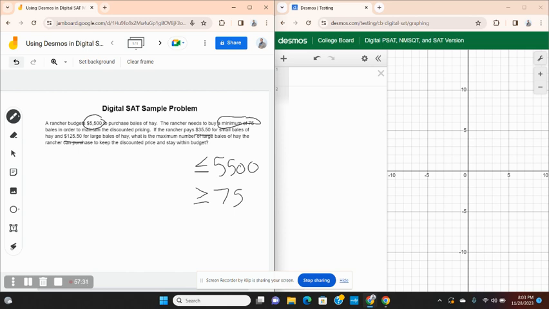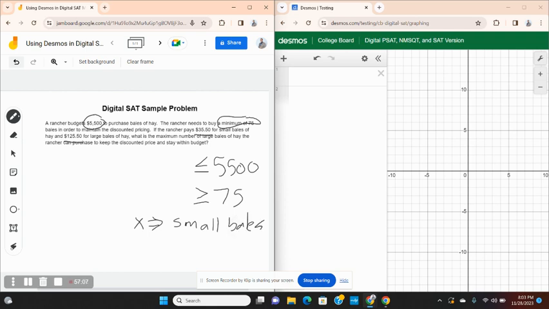Because this pricing is paid per bale of hay, whether it's a small one or a large one, we want to create our two variables here, the two things that we don't know. One of our variables, let's call x. This could represent the number of small bales of hay.